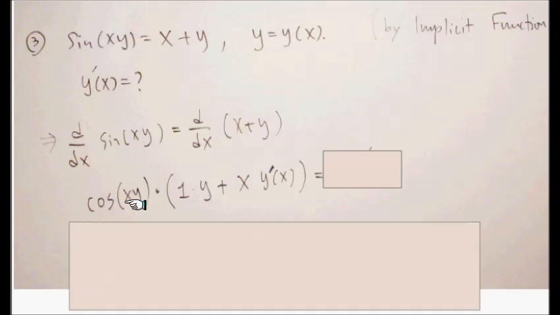The derivative of x times y is, by the product rule, the derivative of x and the derivative of y, for which we don't have a formula. That's the whole question here. So we can write it as y prime of x. And this functional equation gives us an idea about what kind of equation y prime of x satisfies. If you look at the right-hand side, x plus y, it's going to be 1 plus y prime, which is written here.